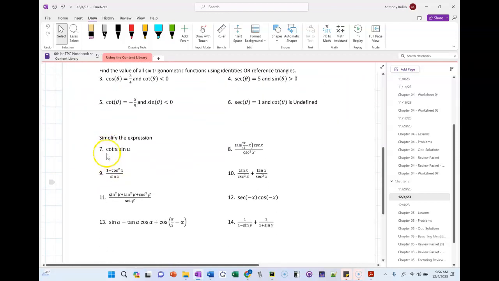So Nick and Luca, we have cotangent u times sine u. Algebra or identity? What do you see to do algebraically?